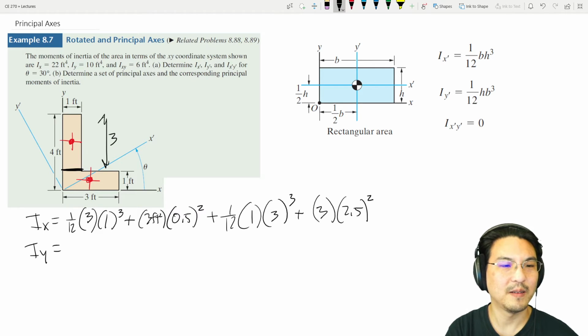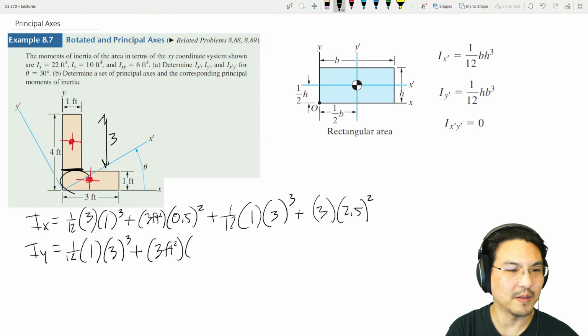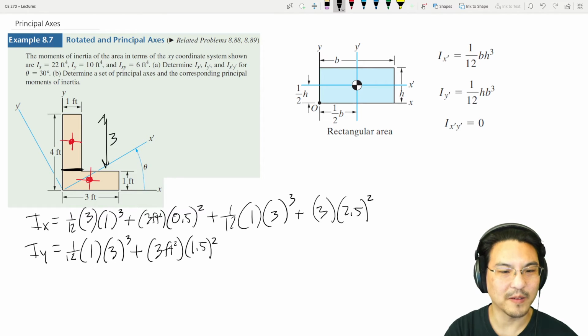Okay, Iy here is 1/12 height base cubed, plus we need to go from here to here, so the area times this distance squared, so 1.5 squared.